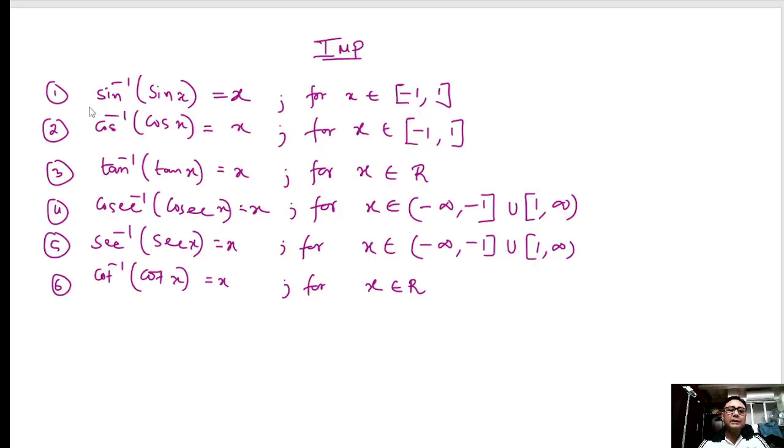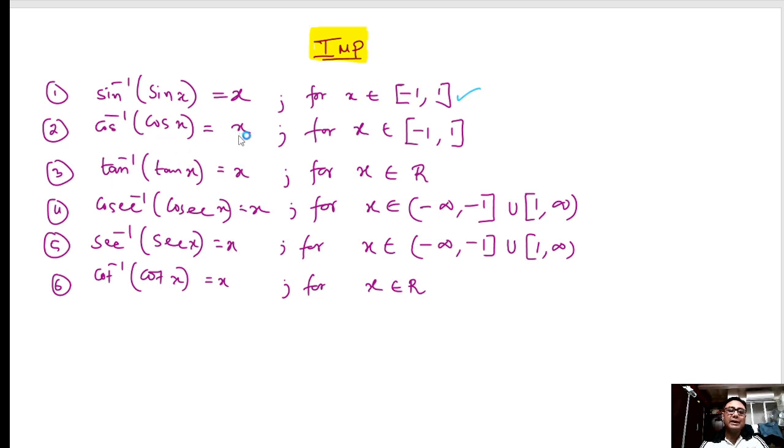As you can see here, sine inverse sine x is equal to x. These are the important formulas which I am discussing here, and you also have to note them so that you can understand the chapter very well. Sine inverse sine x equals x for x belonging to -1 to 1. The value of x should be from -1 to 1.